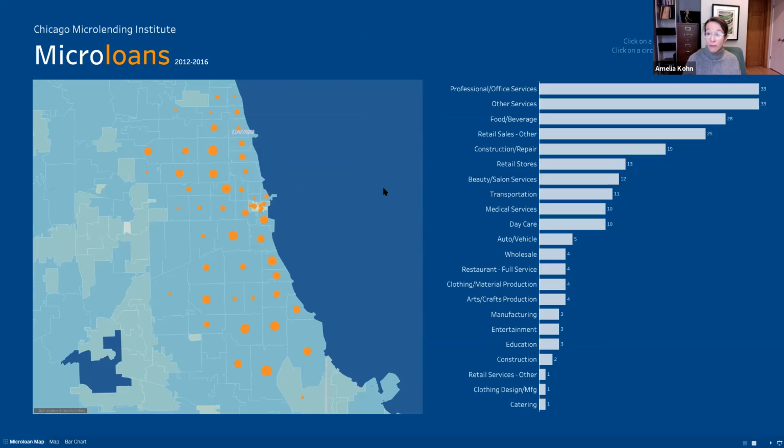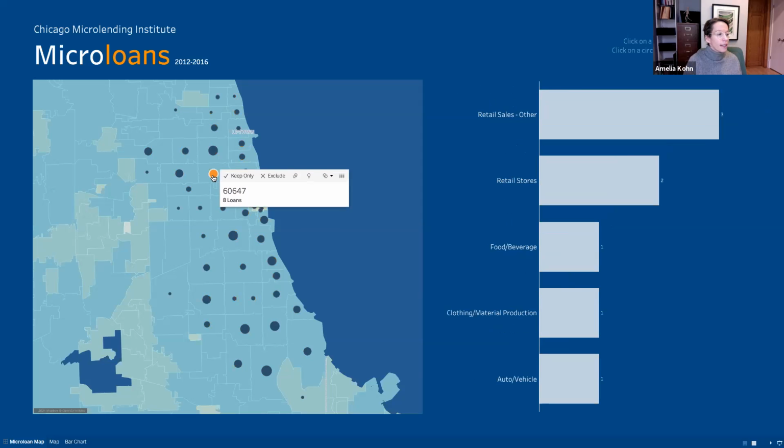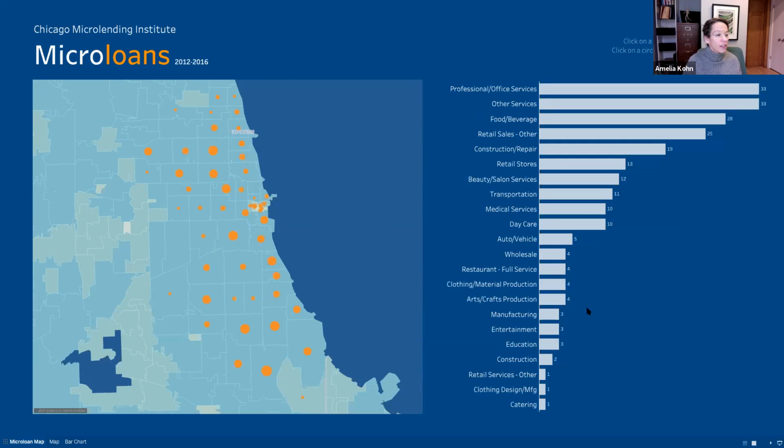But there's also a cool, we talked about filtering feature, which is if I clicked on a particular zip code, I'm gonna click on 60647, what happens is not only is that dot highlighted, but the bar chart filters to just that zip code. So I'm seeing only the industries in which there were loans in that zip code. If I click again, it unfilters.